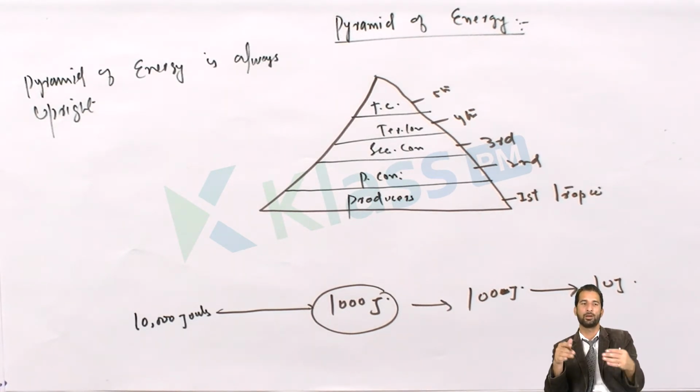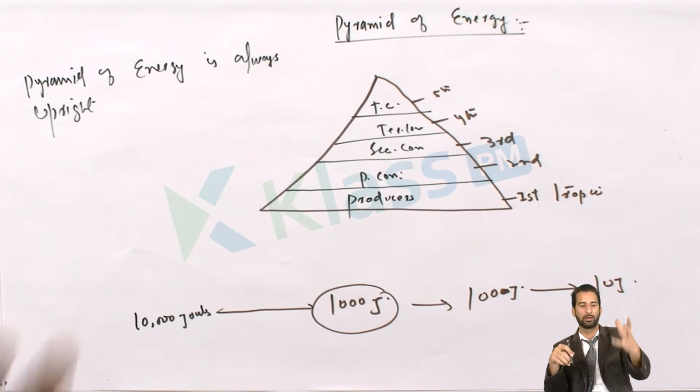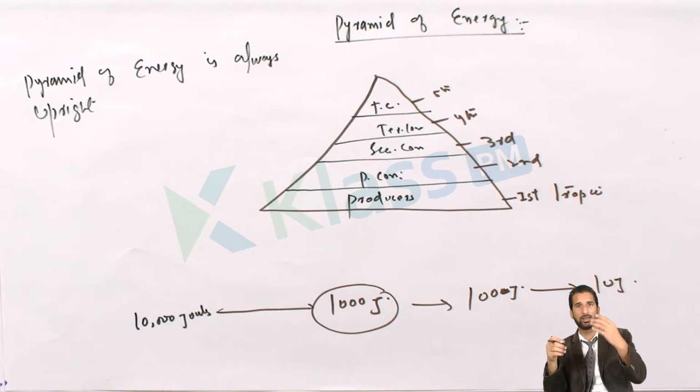As I explained in the flow of energy topic, how energy flows and how much energy flows, on the basis of that, the pyramid of energy can be constructed. It tells you how much energy is available at each trophic level, and how it varies as you move from the low trophic level to the high trophic level.